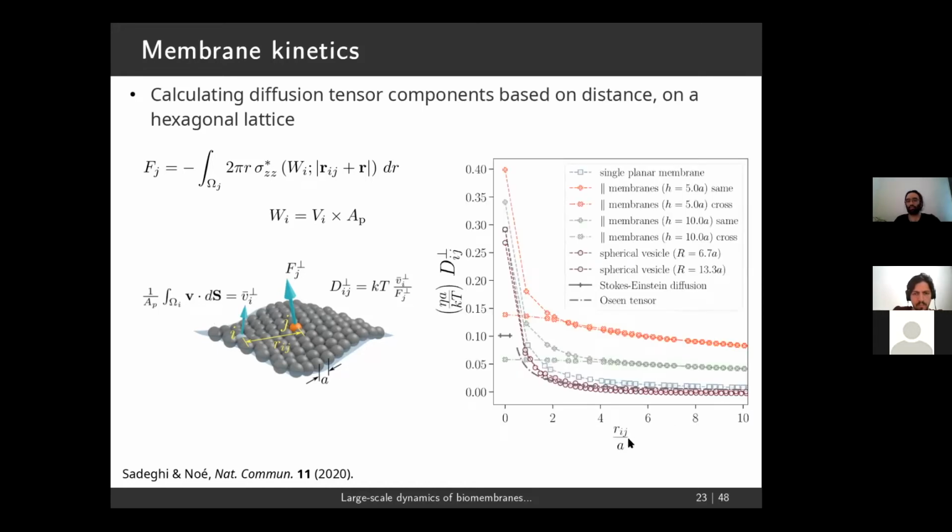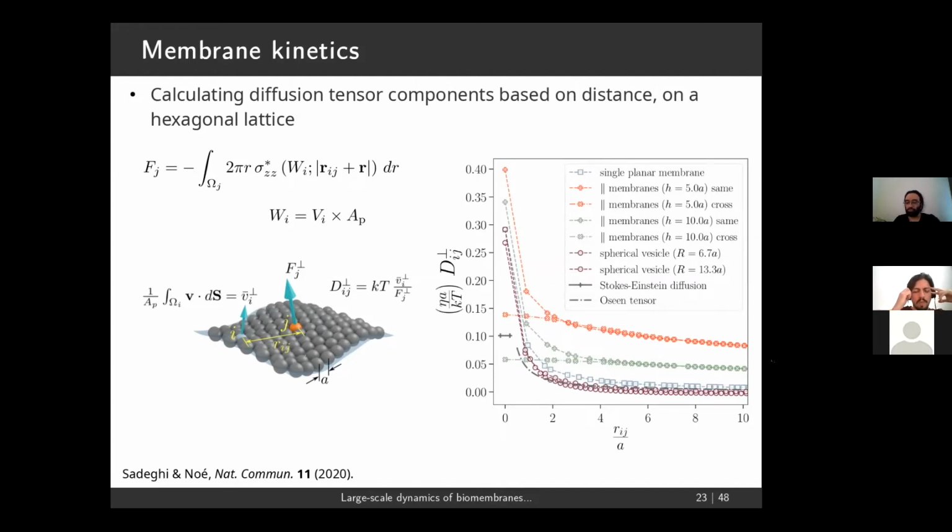It gives us a certain distribution of this pairwise diffusion coefficient. You have the self-diffusion values at 0 here, and as you move away from one particle, its influence dies out, usually with a 1/r dependence. But as you can see, the geometry has a significant influence on both of these cases.